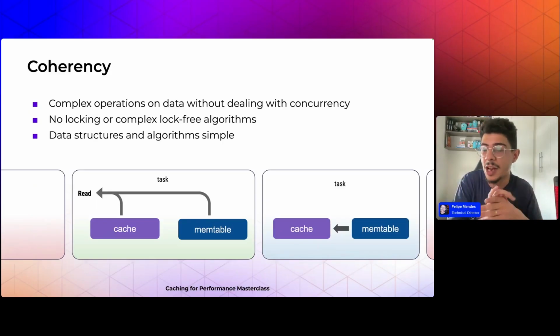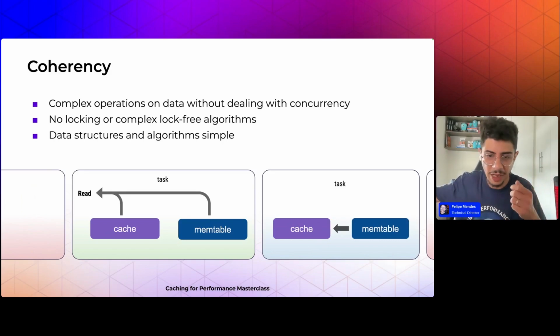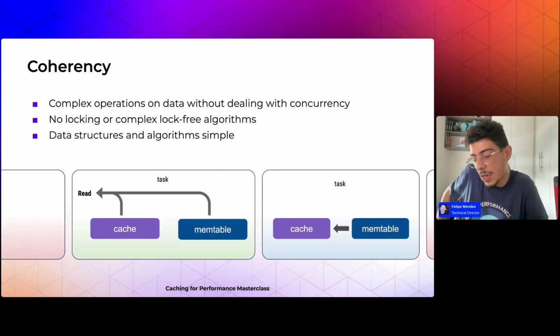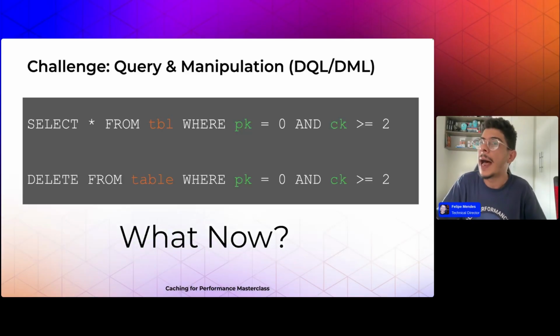So in a way, shard per core actually simplifies our cache development. For example, when we have a read, it can access simply the cache and main table local to that CPU. And by doing that, you have a consistent view on both. And again, this is achieved without involving any synchronization mechanisms.